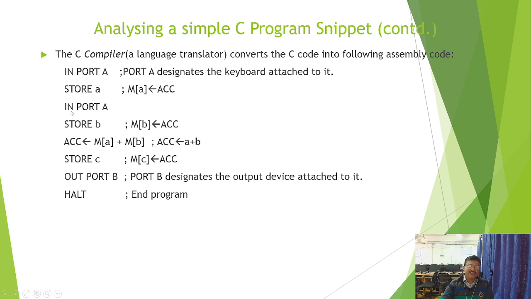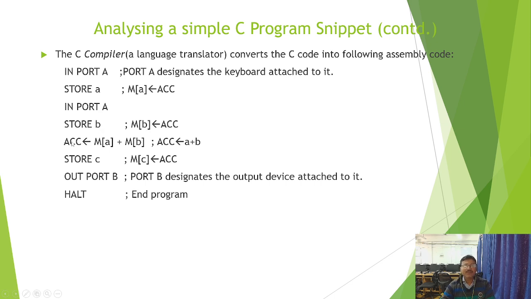Again the same instruction is used to take another value for B using the keyboard. So the essential instruction is input A, and the accumulator stores the value provided by the user, and that value is stored at variable B. So the fourth instruction is store B, that is from the accumulator to memory location B, the value is being stored.